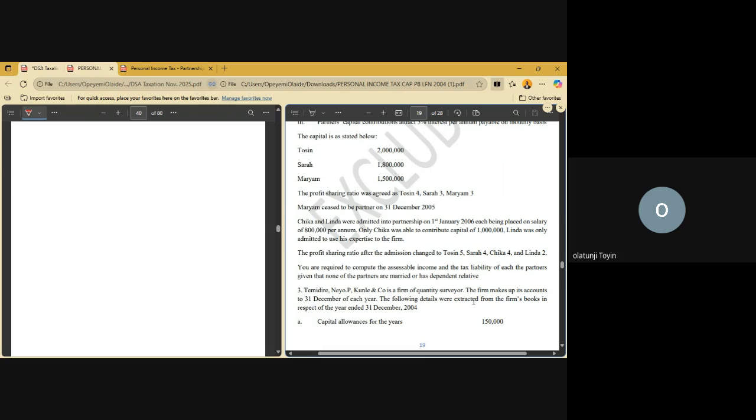The profit sharing ratio after the admission changed to Tosin 5, Sarah 4, Chika 4, and Linda 2. They are required to compute the assessable income and tax liability of each partner, given that none of the partners are married or has dependent relatives.